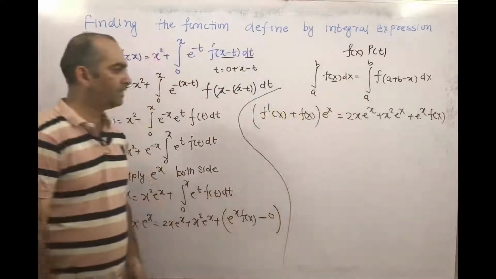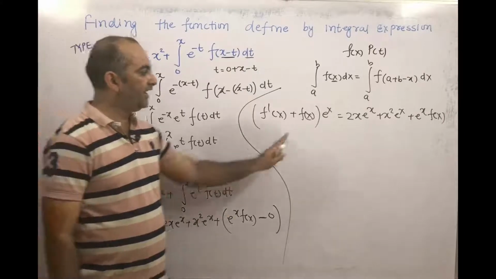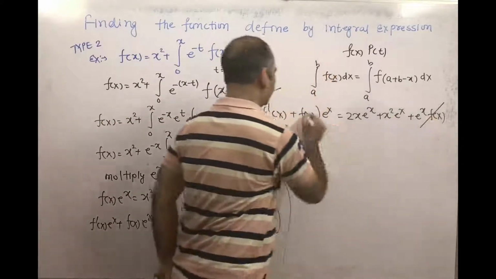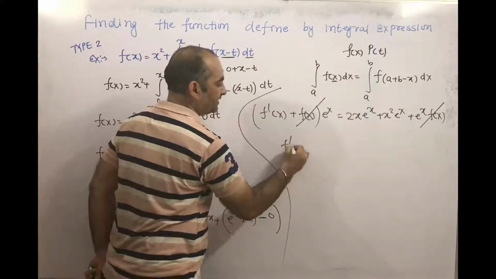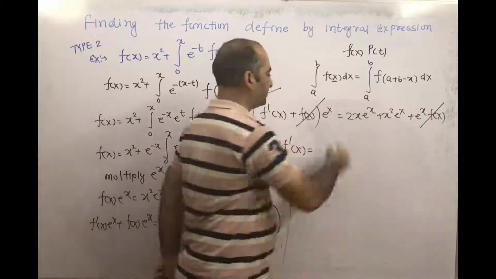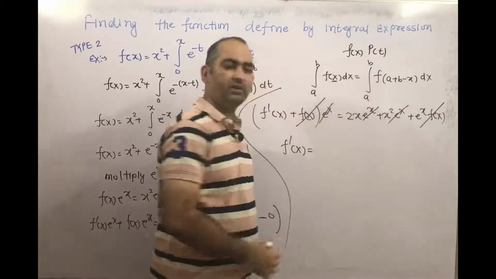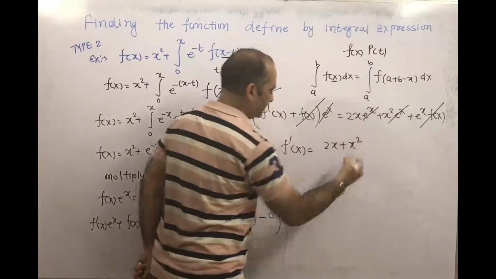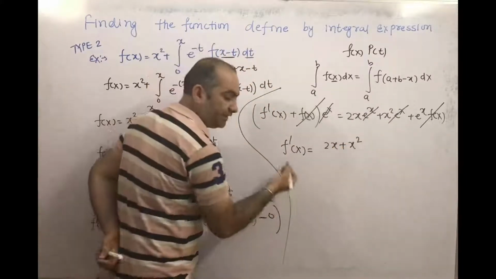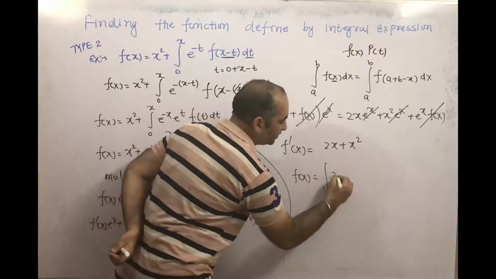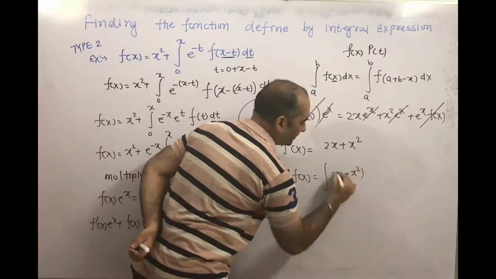You can see that f of x into e power x, this is getting cancelled. And e power x is also getting cancelled. So f dash x equals 2x plus x square. So f of x, we have to do integration. f of x equals integration of 2x plus x square dx.